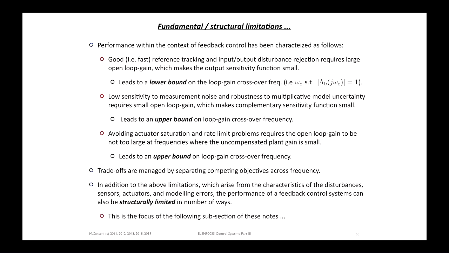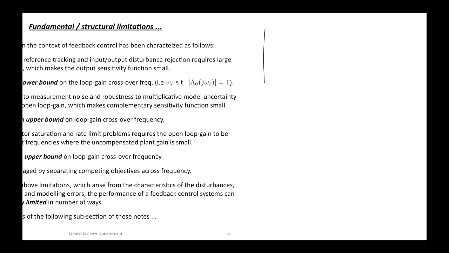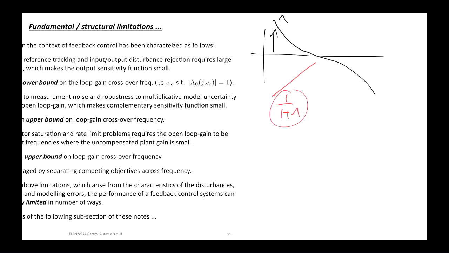The loop shape typically looks, in terms of the gain, something like this, where lambda is large at low frequencies. Why? Because that makes S small. The sensitivity of the error signal to the reference is determined by this transfer function, and if the reference has most of its energy at low frequency, we want to make sure that this transfer function is low at low frequency, so the error will be small.